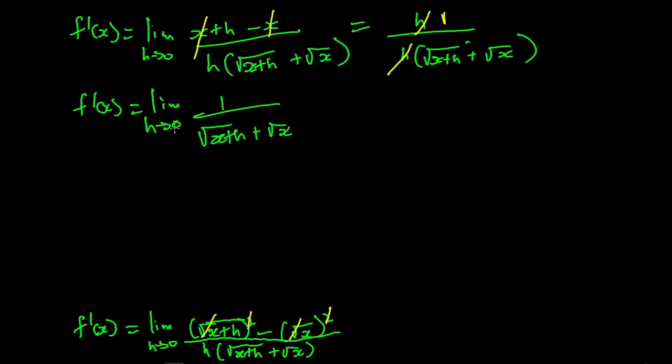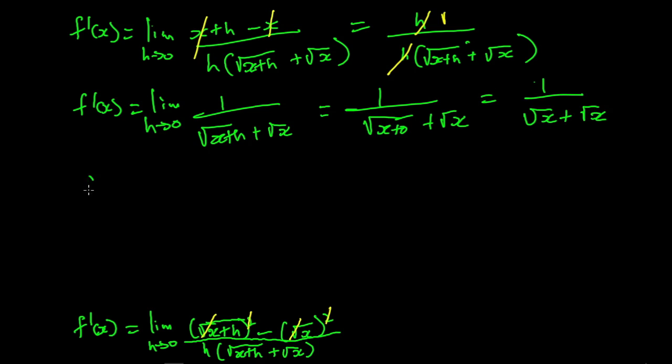Now to remove this limit as h approaches 0, we are going to replace every h with 0. So we'll be left with 1 over the square root of x plus 0 plus the square root of x. That means this is going to give us 1 over the square root of x plus the square root of x. Therefore, the derivative of our function is going to be 1 over 2 root x.